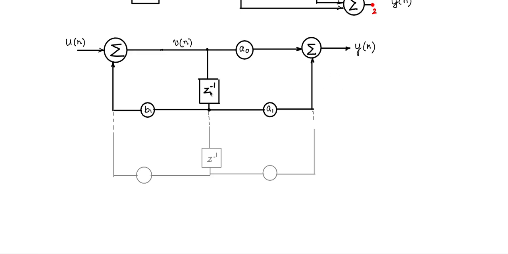This is the first order IIR filter, and the various parameters A0, B1, A1 are the design parameters that you need to design. Also note that in this canonical form, if it is a first order filter, there is only one memory element.